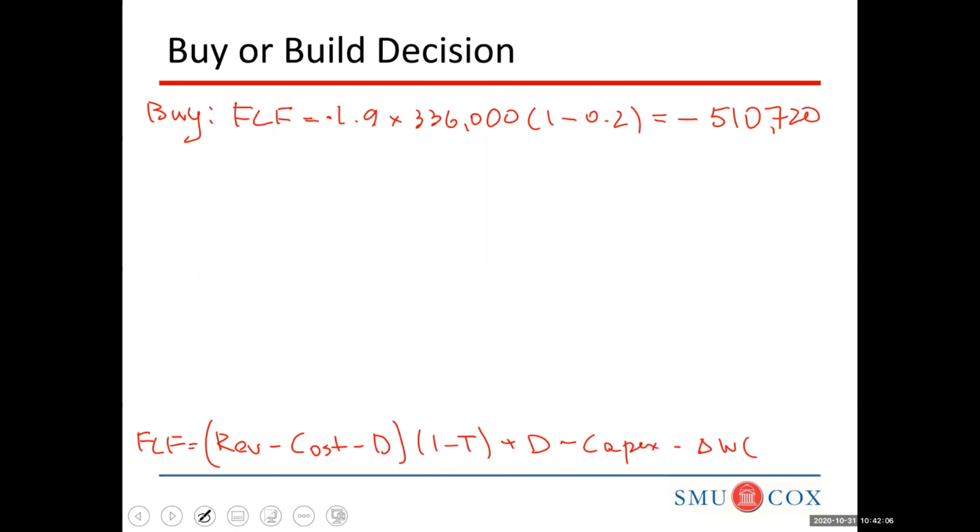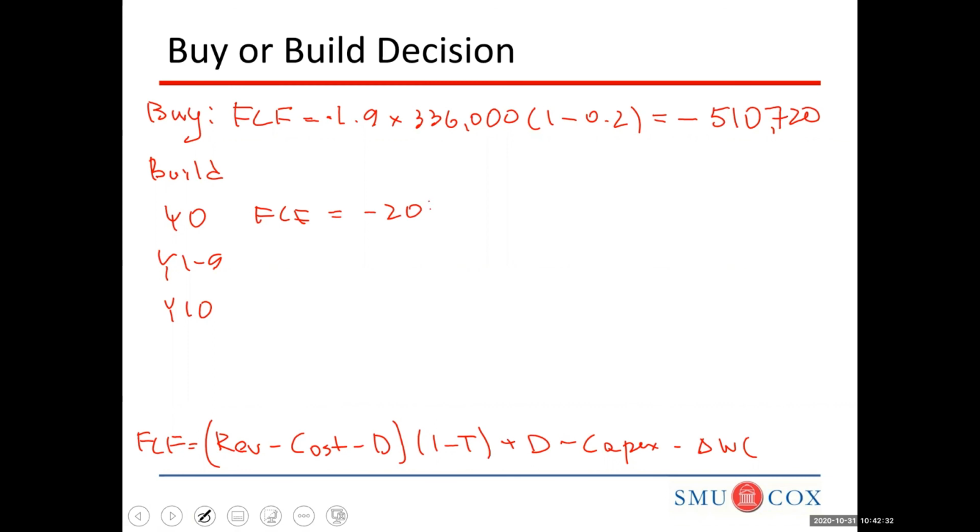If they build, then it gets a little bit more complicated. So there's year 0, and then there's year 1 through 9, and then there is the last year. So in year 0, there's investment in CapEx.